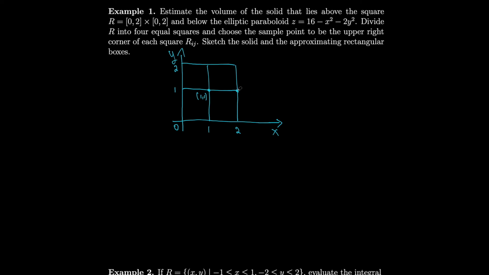This is the point (2,1). This is the point (1,2). And this is the point (2,2). So I'll call this rectangle R11, I'll call this rectangle R21, R12, and R22, corresponding to sample points in the upper right corner, because that's where I chose all of these.